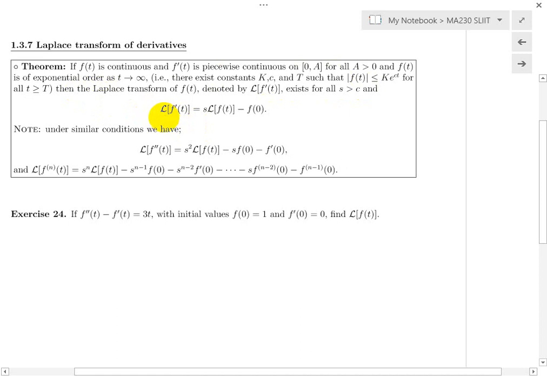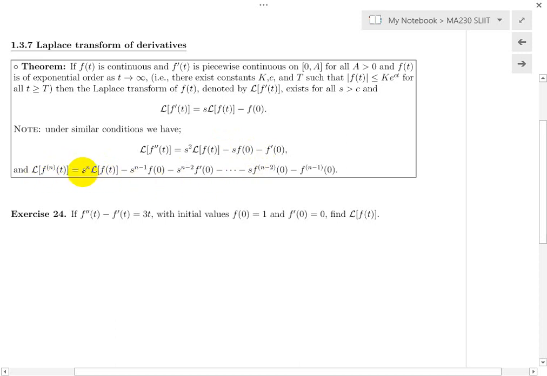Okay. So we are saying the Laplace transform of f prime is s times the Laplace transform of f minus f of 0, which is an initial value. For the second derivative f double prime, when you do the Laplace transform, you can identify a pattern: s squared times the Laplace transform of f minus s f of 0 minus f prime of 0. And in general, for the nth derivative, you have this formula.